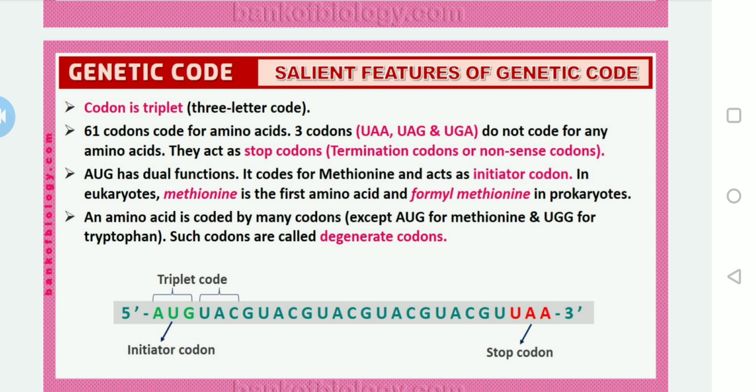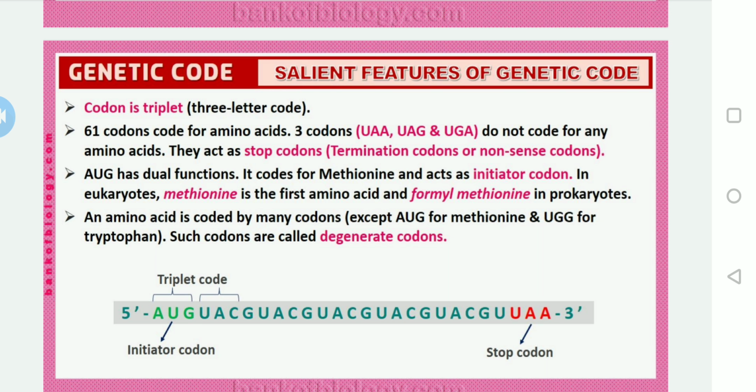The messenger RNA strand codes for a type of amino acid. The 61 codons code for amino acids. As I said in the beginning, in triplet codons, 64 codons exist.